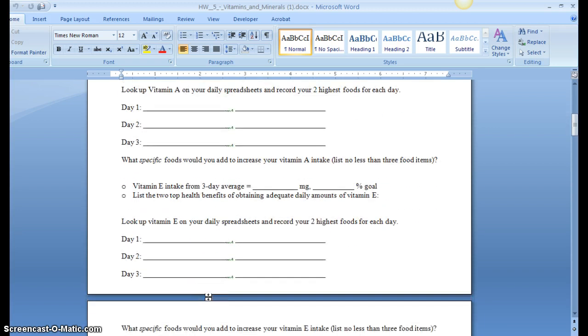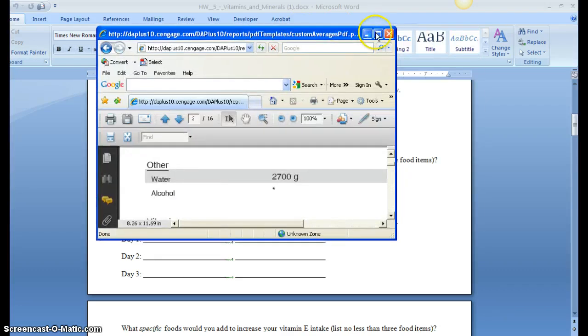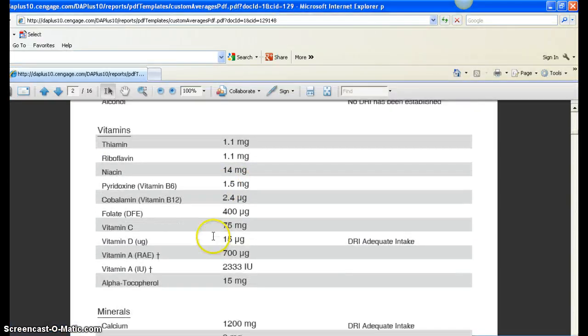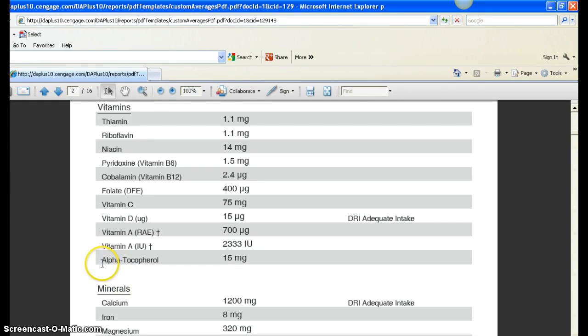The next is vitamin E. I know in your reading and in the video, vitamin E is not listed specifically as vitamin E on your spreadsheet, but is actually listed as alpha tocopherol. This is the absorbable form of vitamin E that we consume. So it's the last on the list of the vitamins.